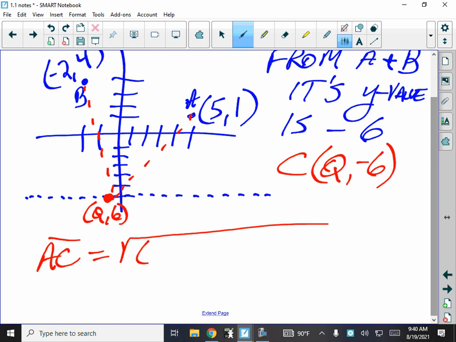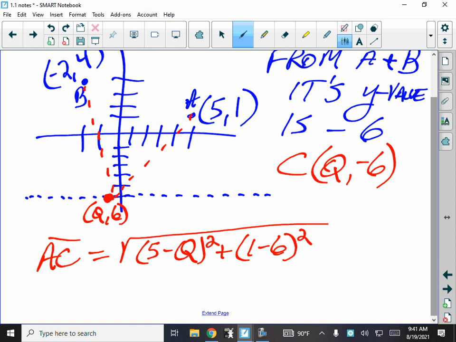The square root of (5 minus Q) squared plus (1 minus 6) squared. Would you agree that that would give me the distance from A to C? I just used the distance equation. So I went from 5 to Q and then 1 to 6, so x2 minus x1, y2 minus y1, right?